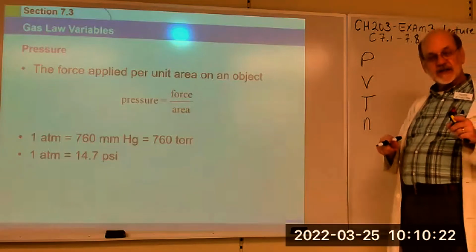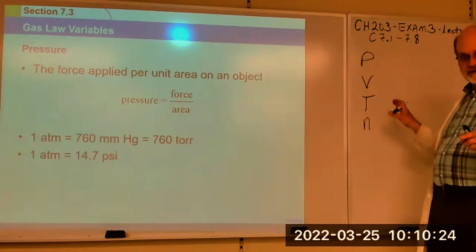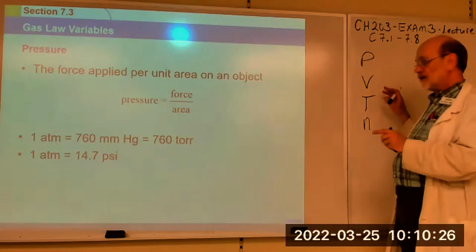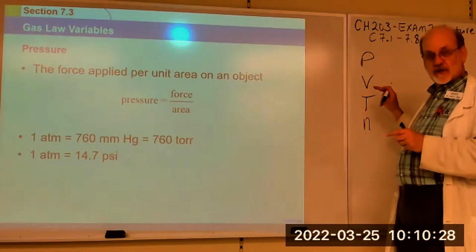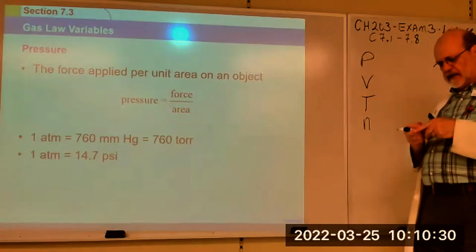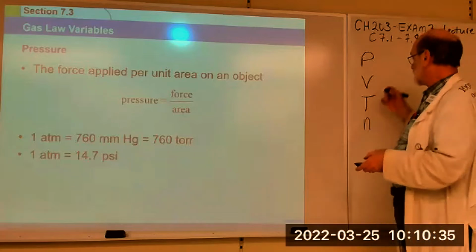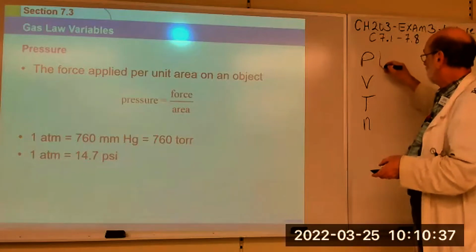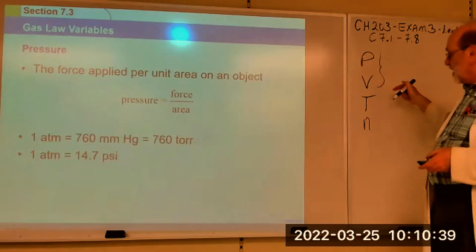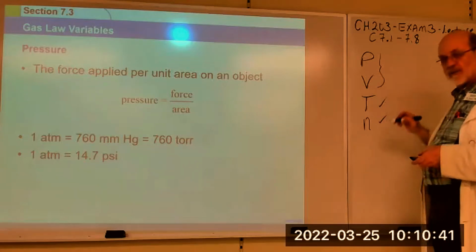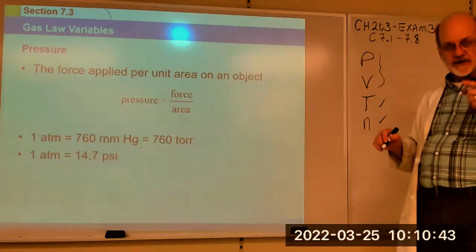If they're not constant, then you've got too many variables. We only want to look at how one varies with the other one in the beginning. In fact, that's historically how it was done. And the first investigation was between pressure and volume. That means temperature and number of moles must be held constant.